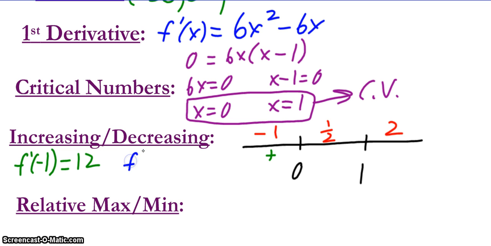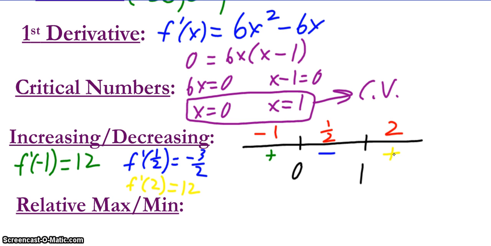If I plug in 1/2, we end up with -3/2. So that's negative. And if I plug in 2, and again, just to emphasize, we're plugging this into the first derivative. If I plug in 2, we end up with 12 again, which is positive.